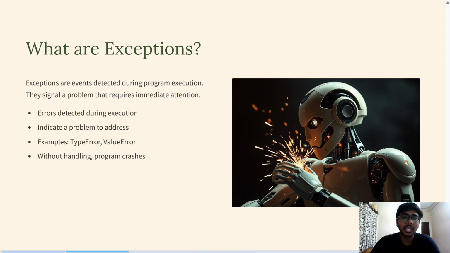So exceptions can also be defined as the errors that are detected during execution. So it indicates a problem to address. For example, we have many kinds of default errors, like type error, value error, index error, etc. So if we do not handle the exceptions, the program may crash and our code may not work properly.